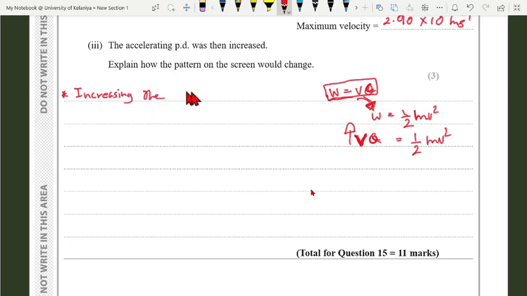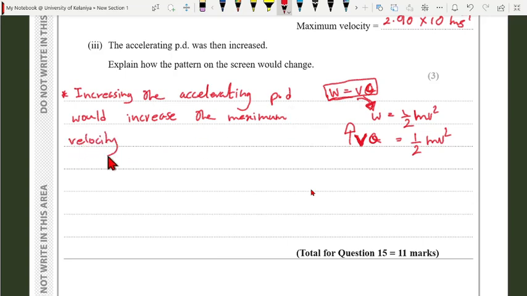Increasing the accelerating potential difference would increase the maximum velocity of the electrons, right.